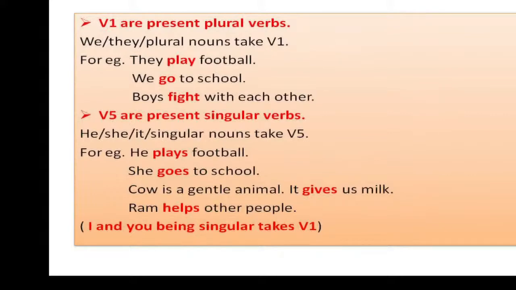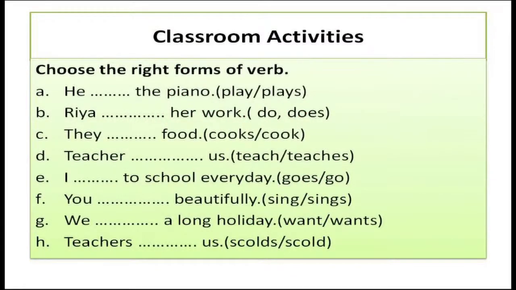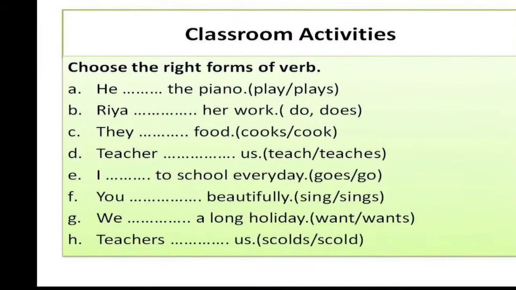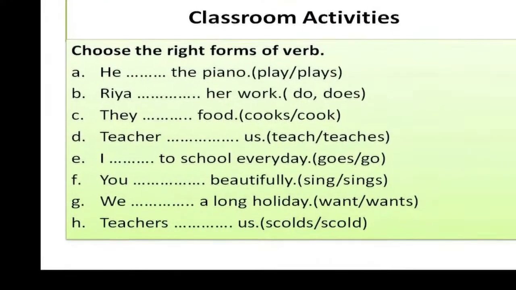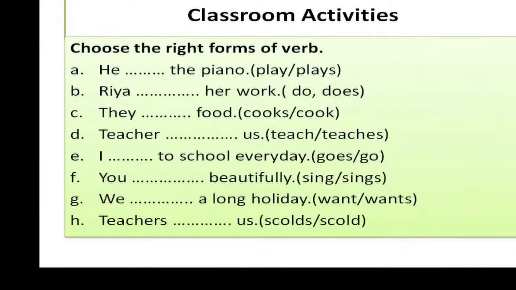Now we will go to classroom activities. Next slide. Now classroom activity: you have to choose the right forms of verb. Now see there. A number, he does the piano. You have to choose the correct option, either play or plays.